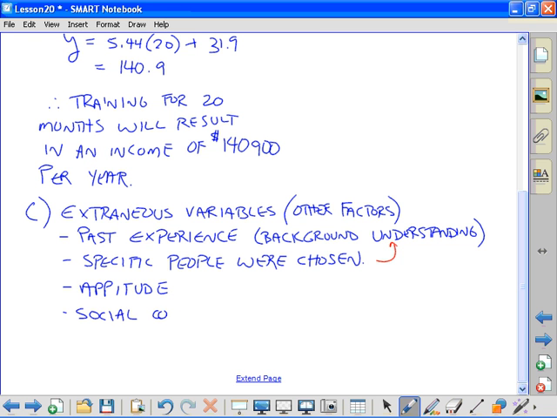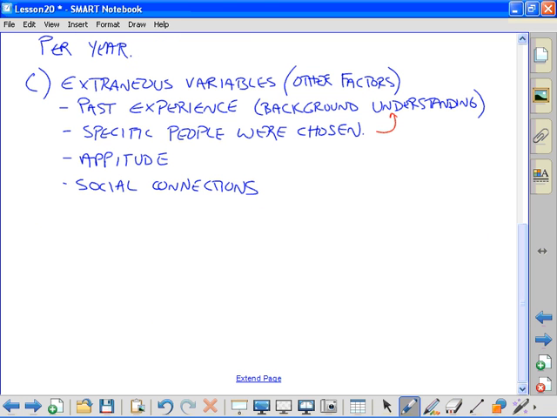So social connections. Okay. And the list goes on and on. So there's a whole bunch of factors that are listed here. So just because they list, hey, look at these 5 people, look at how well they've done after doing the training, doesn't necessarily mean it was because of their training. It may pay some form of bonus for the person, but it wasn't the sole reason for it.